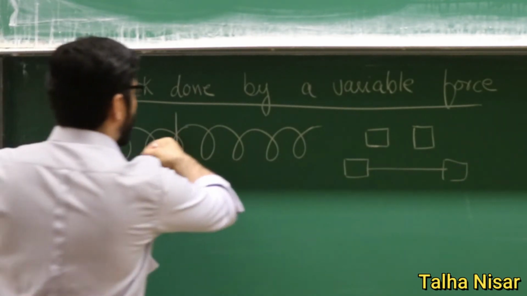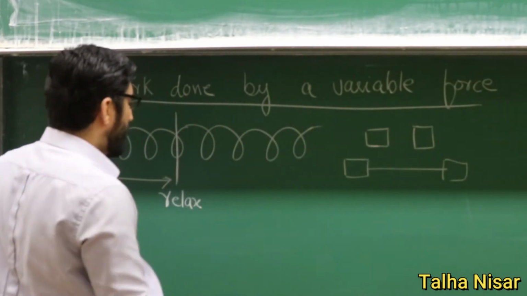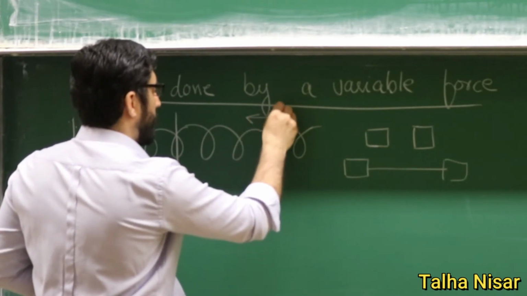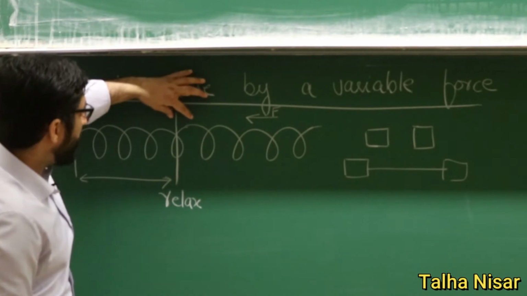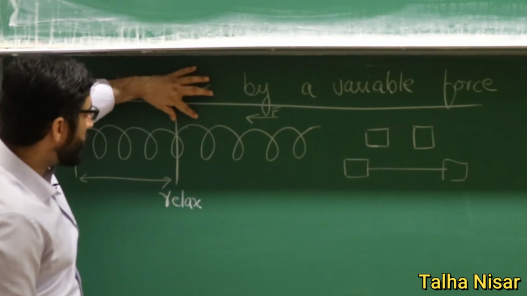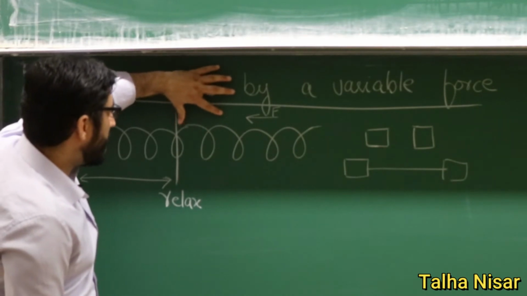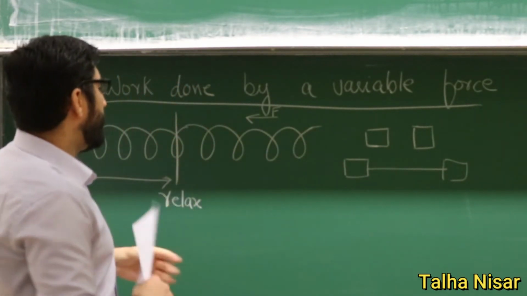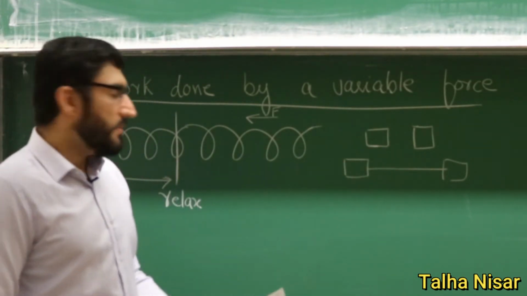But if we stretch this spring in this direction, we will feel a restoring force in the opposite direction. If we stretch it this much, the restoring force will be smaller. But if we stretch too much, then the restoring force will be larger.